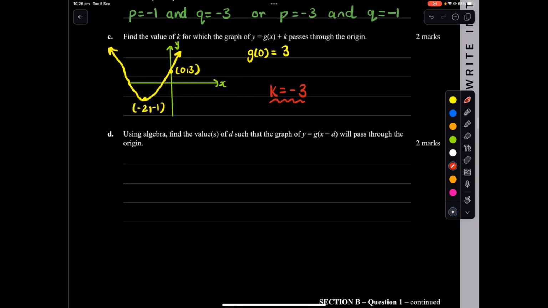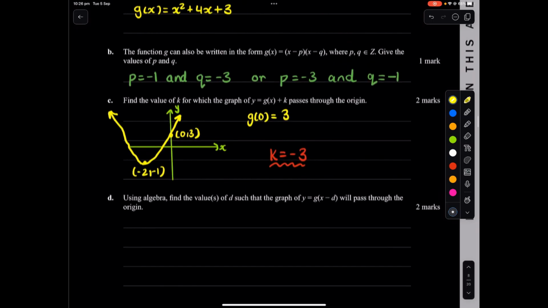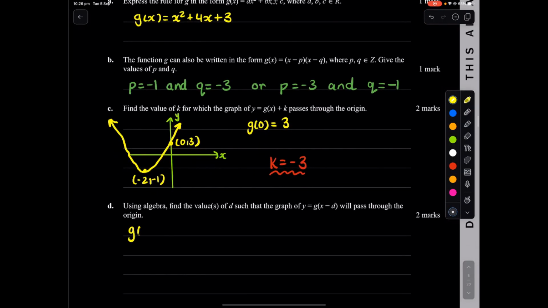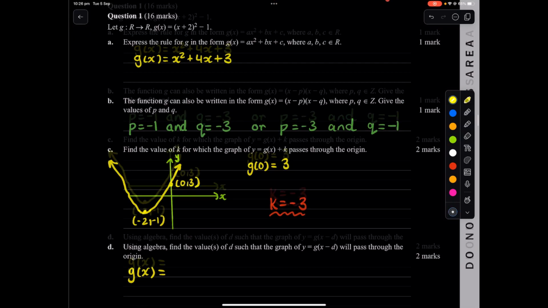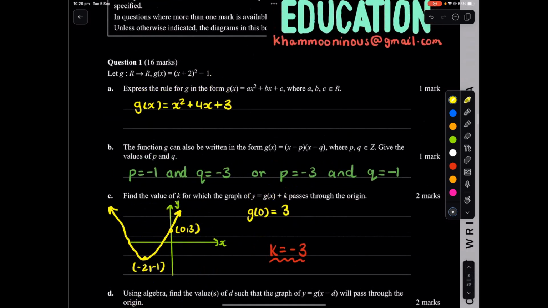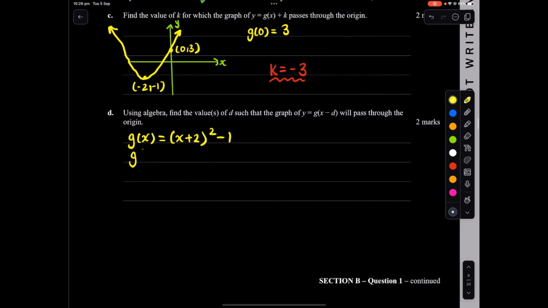Next one, D. Using algebra, find the values of D such that the graph of y equals G of X minus D will pass through the origin. So we want it to pass through the origin. We know G of X is x plus 2 squared minus 1. And we want to write G of X minus D, so x minus D plus 2 squared minus 1.